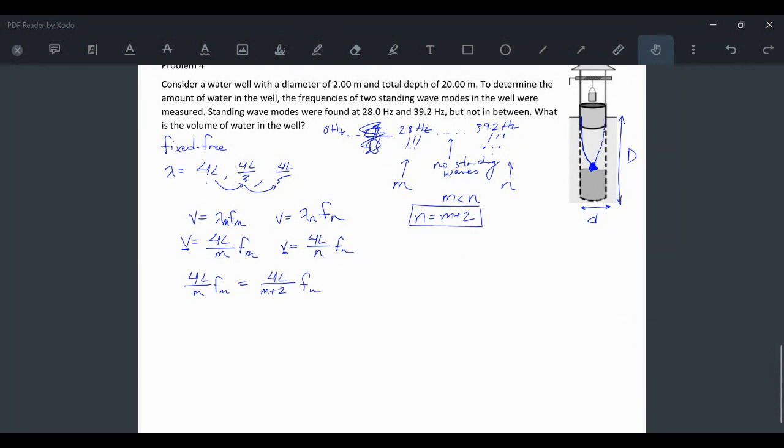So all we need to do now is solve for m, and then I think we're good to go. So the four L's both go away. We have m plus 2 is equal to m times Fn divided by Fm.